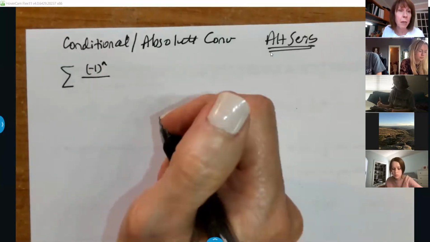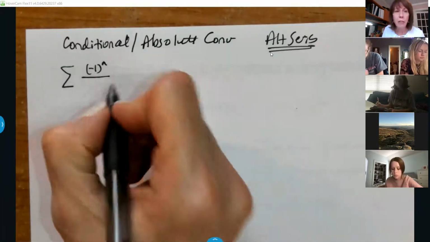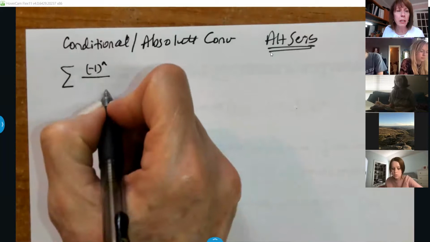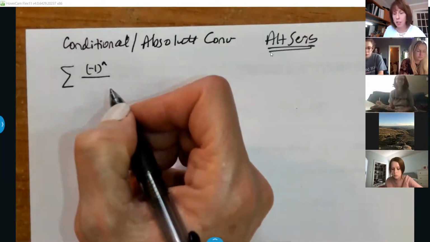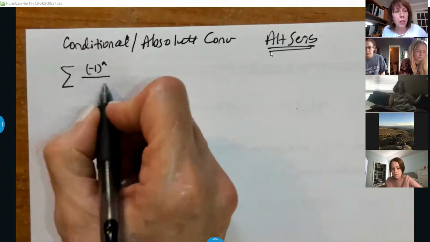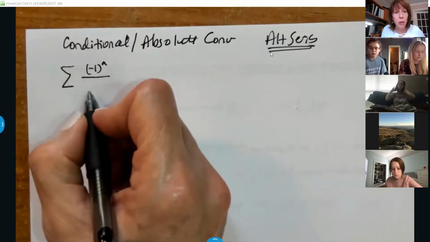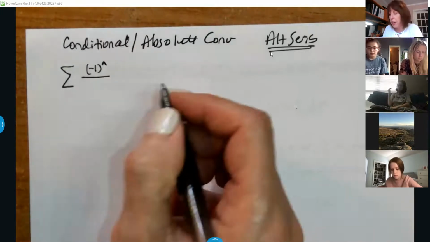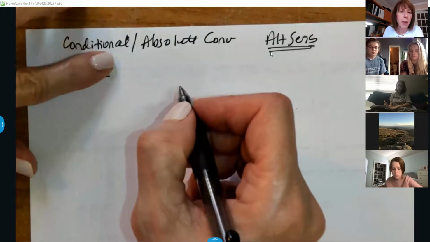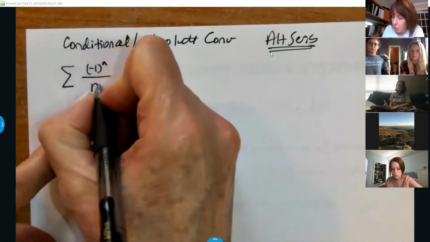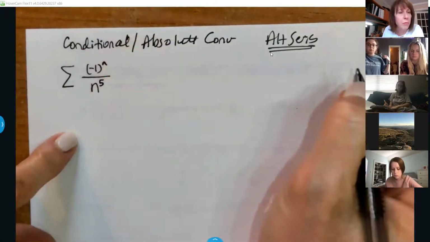So here's my thought. When I'm making an example, if I want my series to be absolute convergence, then whatever I make on the bottom here is going to make the series converge even without the -1. So in my mind, I'm thinking, how about if I make this a p series with p greater than 1?